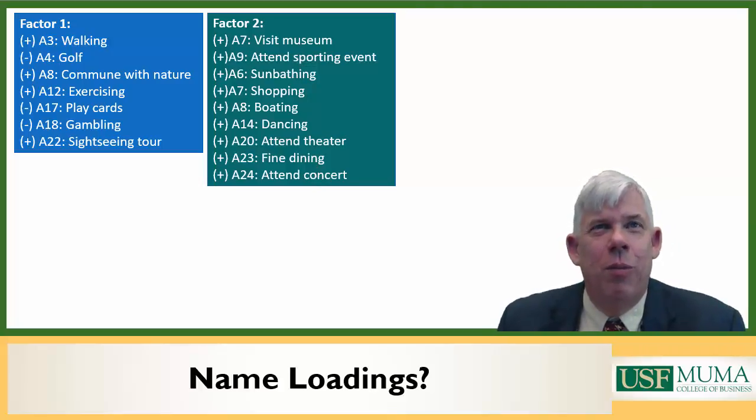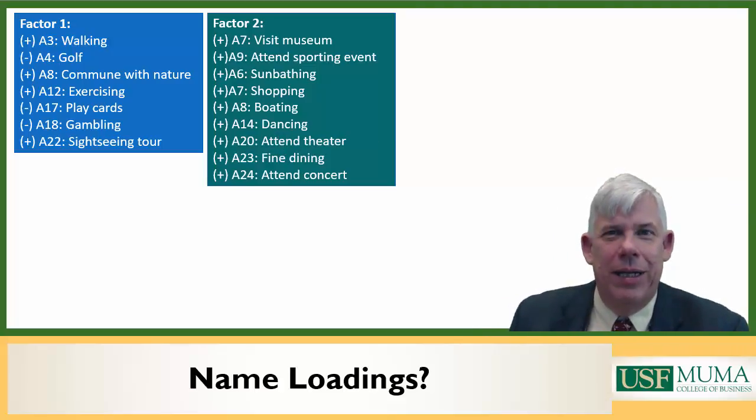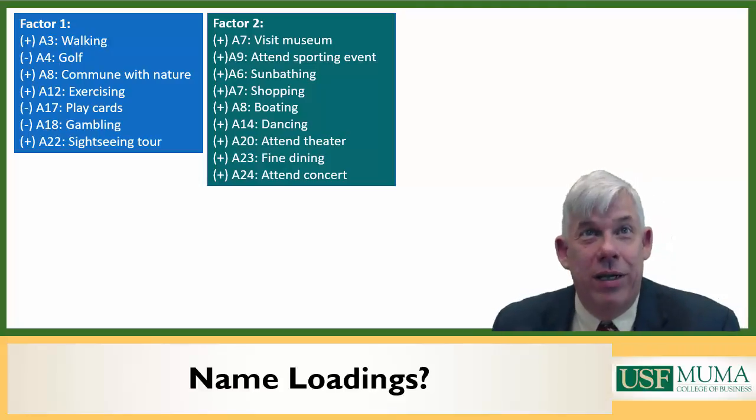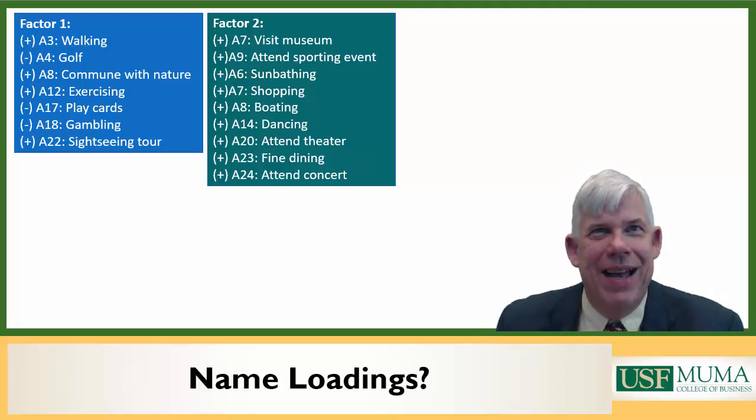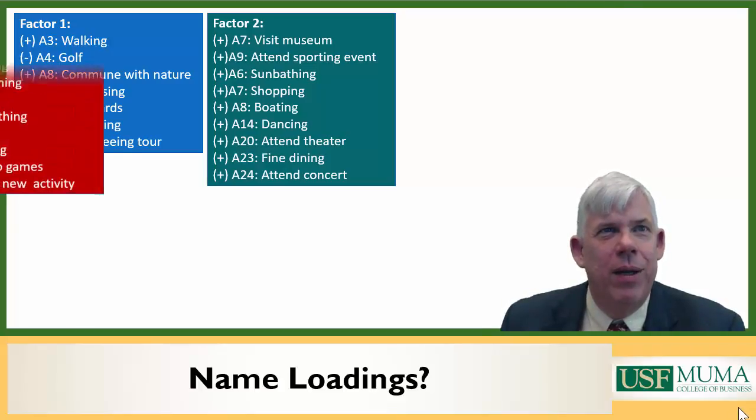So, if you're a marketer, you might look at all these things and think, well, this would be a good place to advertise a dancing academy or something like that if people are getting ready to go on a cruise. I don't really know. The point is that everyone can make their own interpretation, but as long as you're transparent about your interpretation, at least people can't quibble with the fact that it came out of your numbers.